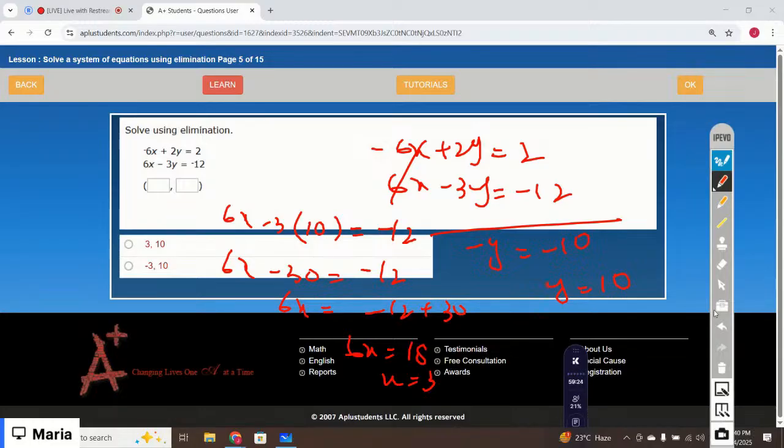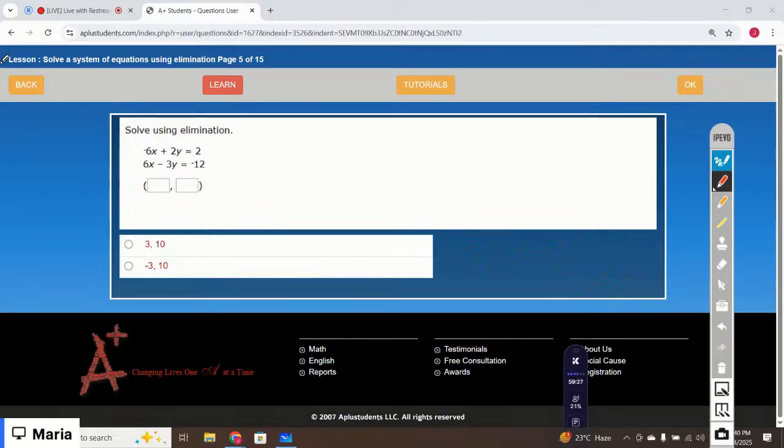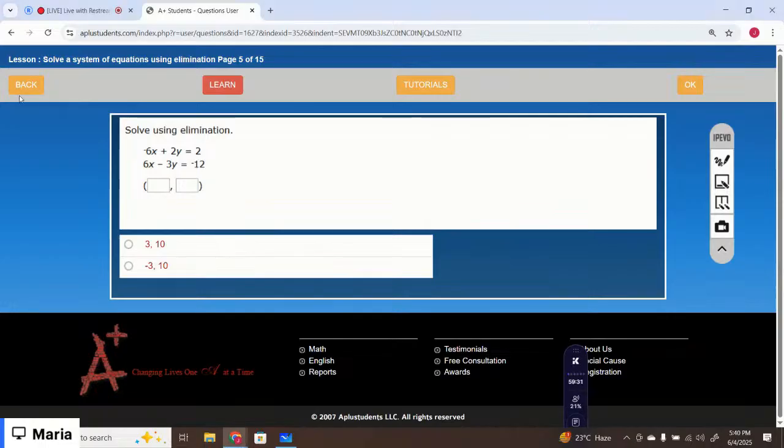Okay, you can complete the lesson by yourself at a time. So we were working on grade 10 math. The chapter we're working on is system of linear equations.